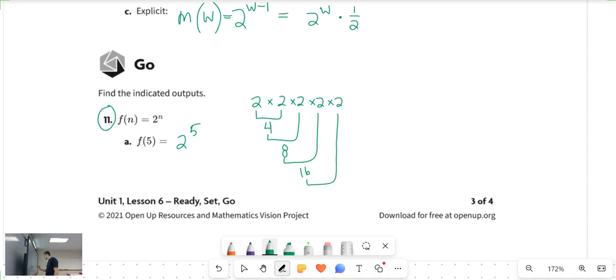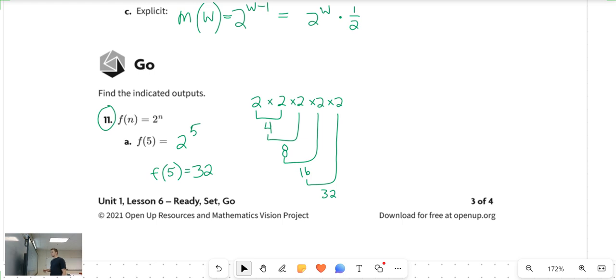And 16 times 2 is 32. So f of 5 should be 32. Let's write that. F of 5 is 32. All right, so we are done with that one. We just had to know that the n becoming a 5 means we're repeating the multiplication 5 times.